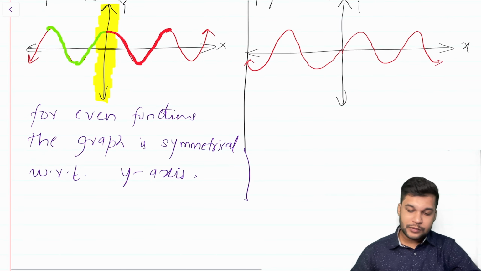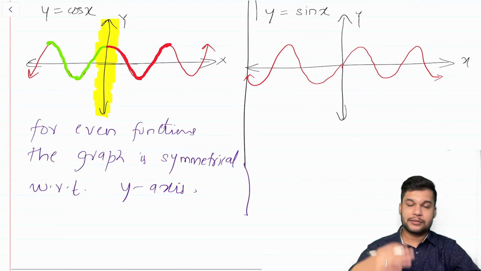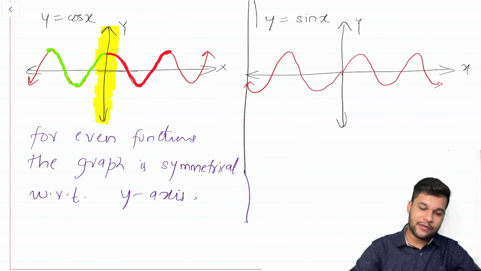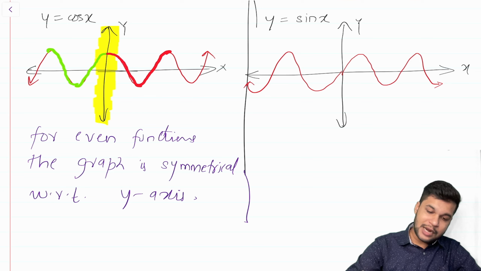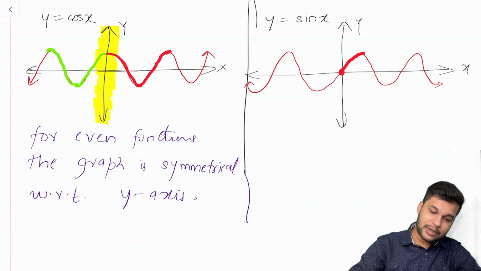And for the odd functions, what's happening? You start from the origin, you go down towards the right, and on the left you're going up.